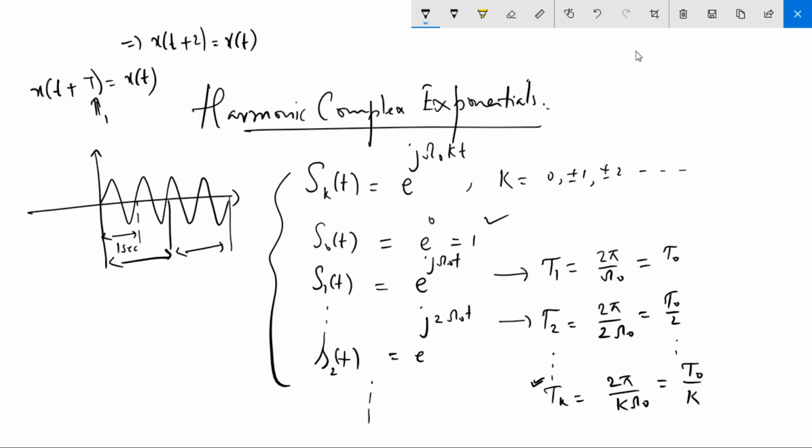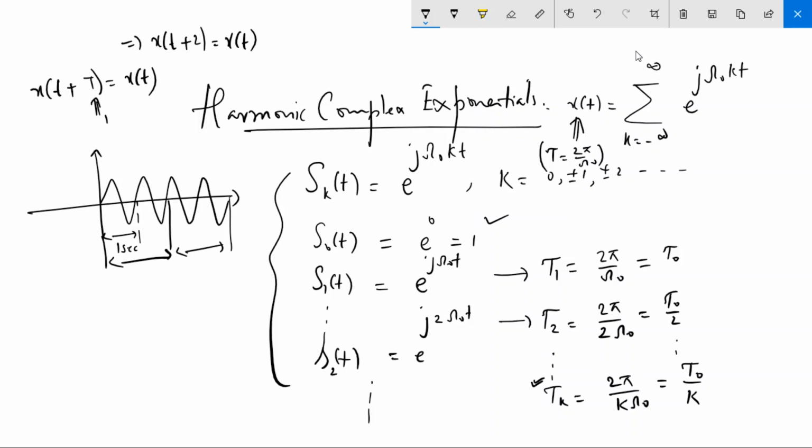So if you add all these harmonic signals together, that is in the form of e raised to power j omega naught k t, k from minus to plus infinity, the output signal x(t) that you get is nothing but a periodic signal with a time period of 2 pi by omega naught.